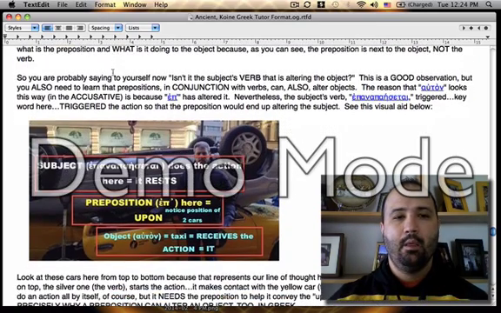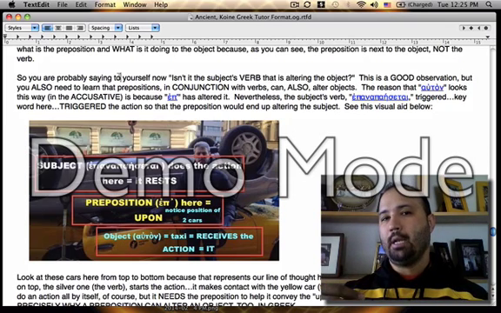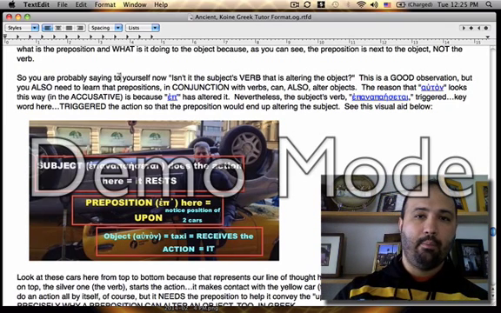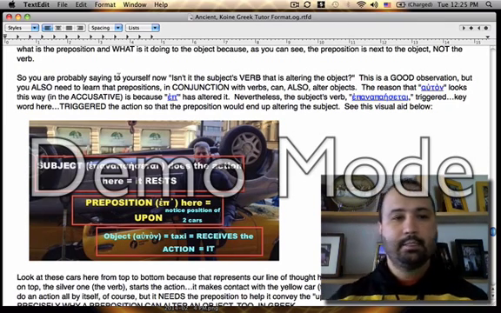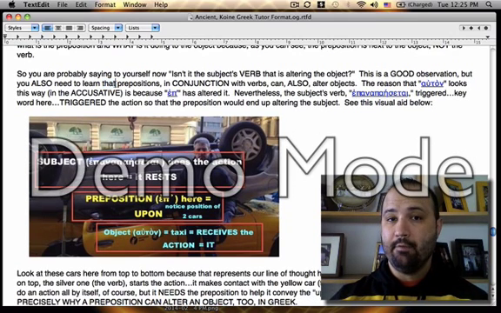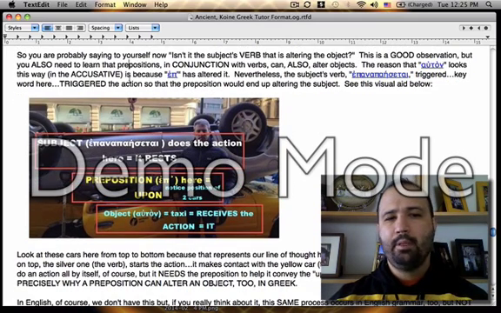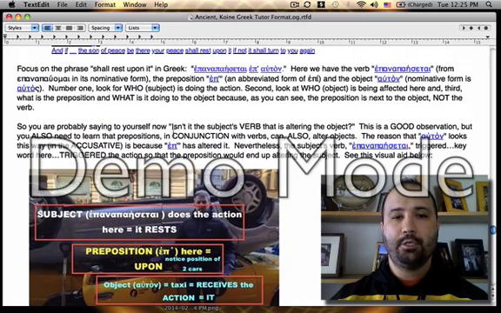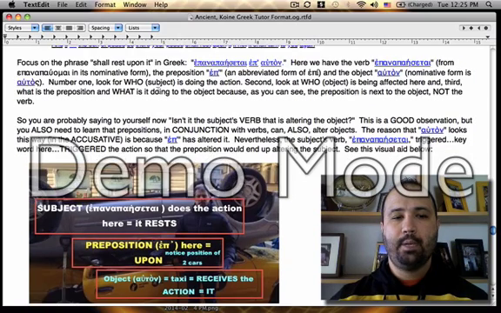Okay, so it is the subject, and this type of verb is pretty much a passive, but I believe it is also a middle deponent, okay? But the point here is that it's triggering this situation, okay? It's triggering the situation.